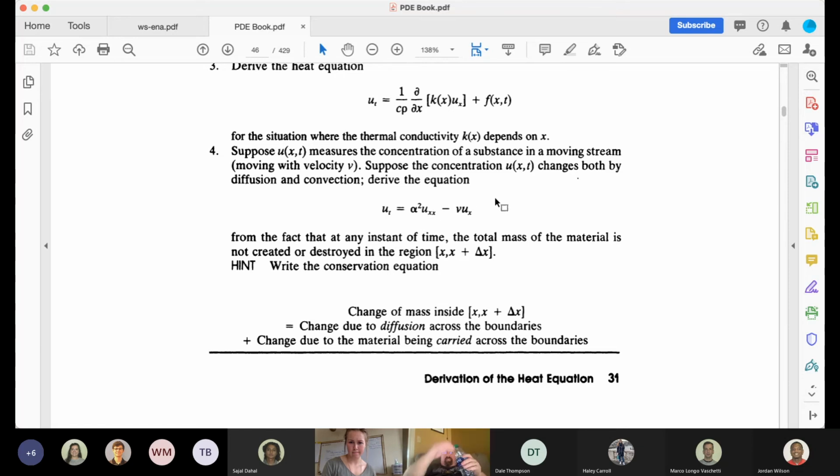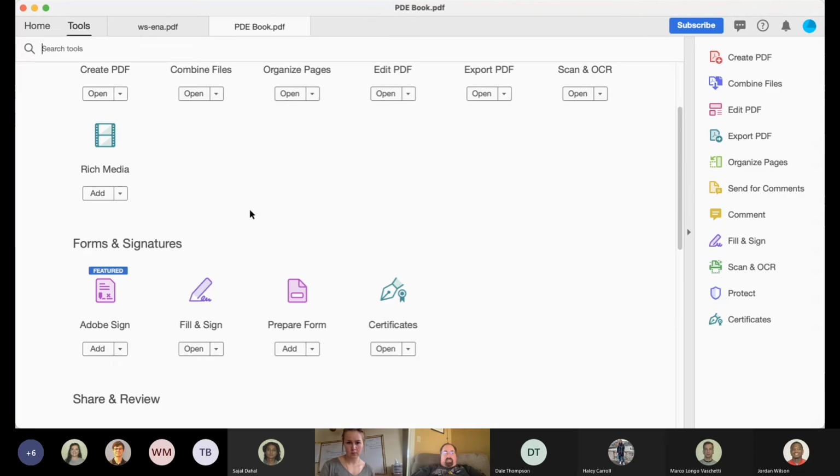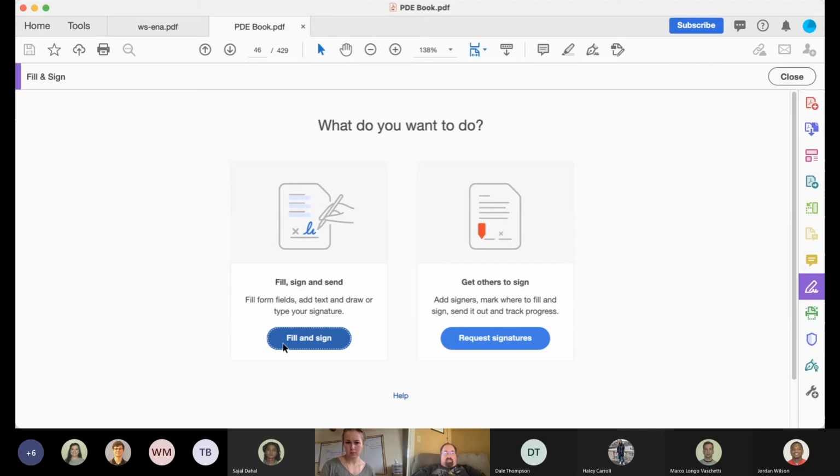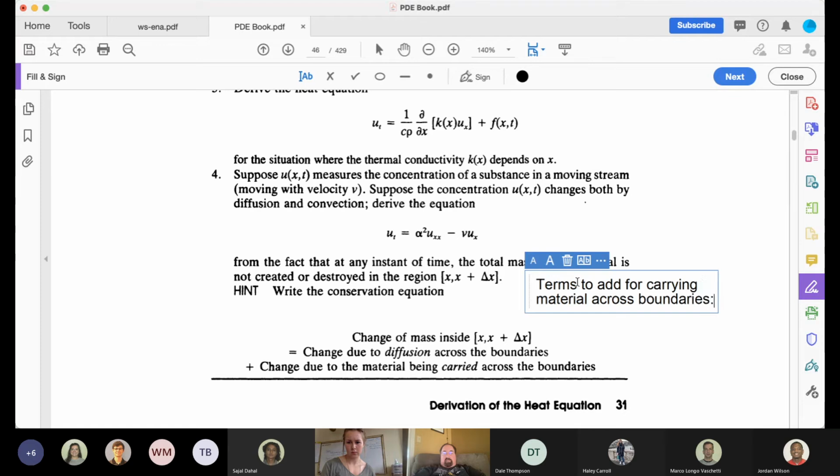So that's why v is going to be a scaling factor in this case.